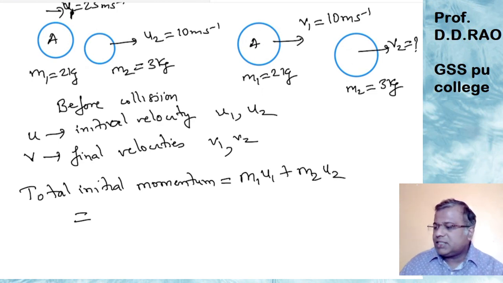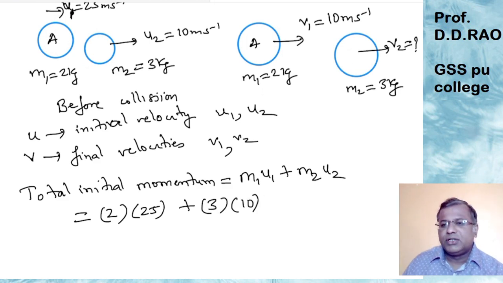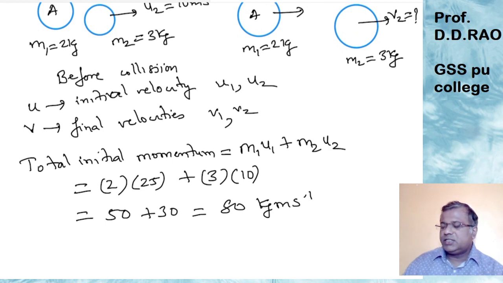What is the first mass? 2 kg, and with what speed is it moving? 25 meters per second. What is the second mass? 3 kg. With what speed is it moving? 10. So the total initial momentum will be 25 into 2, that is 50, plus 30, that is 80 kg meter per second. So this is the total initial momentum.